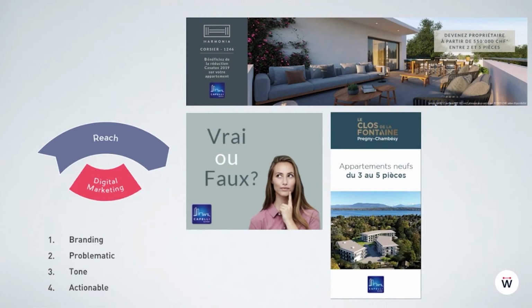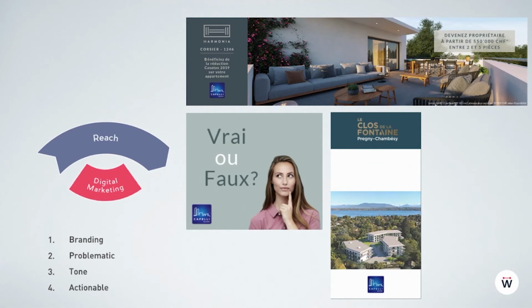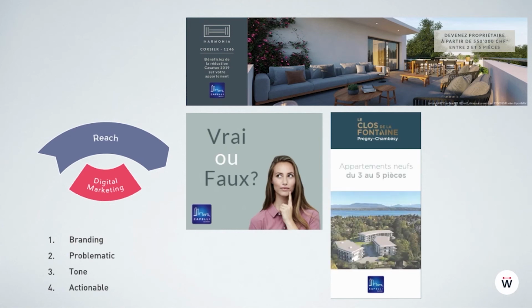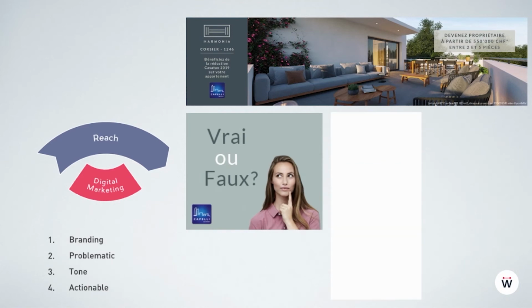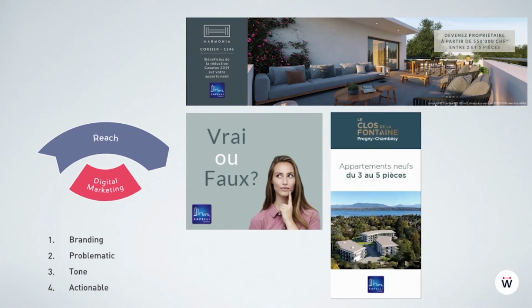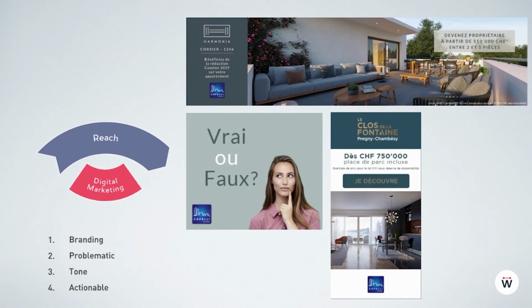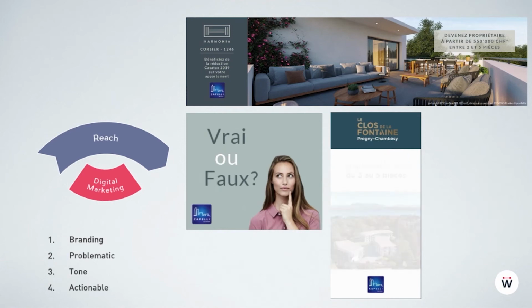Number three would be the tone. Which tone do you choose to have when you address your audience? Obviously, if you have a project that is designed for young students, the tone will be different than if you were to promote a project for a senior audience. Now, number four, and that's very important, is that every single piece of content that you put out there should be actionable, meaning there is one and only one action you should expect from your audience.